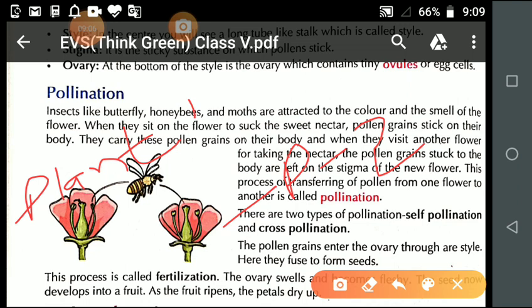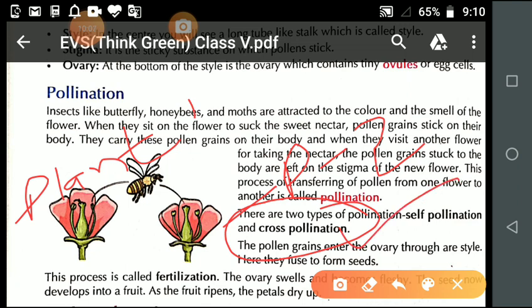So this is also called self pollination. Is it clear? Now student, what is cross pollination?